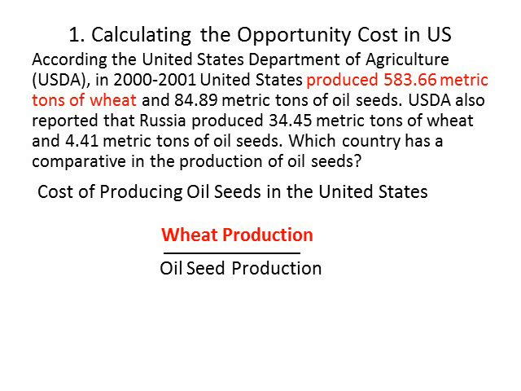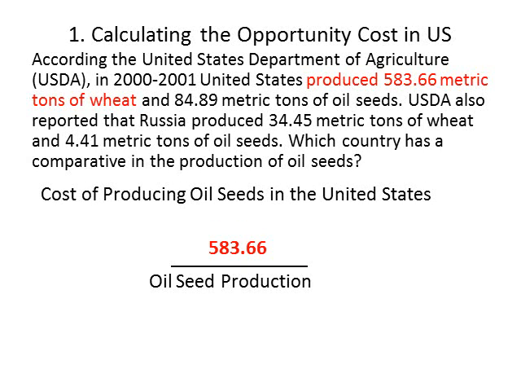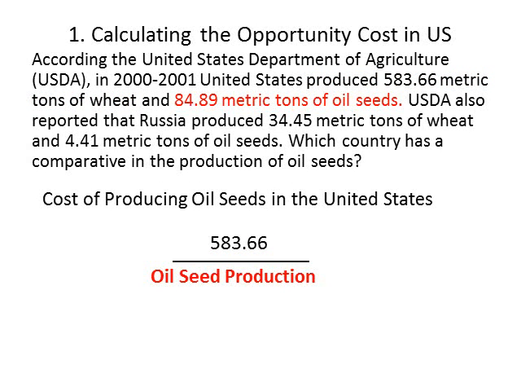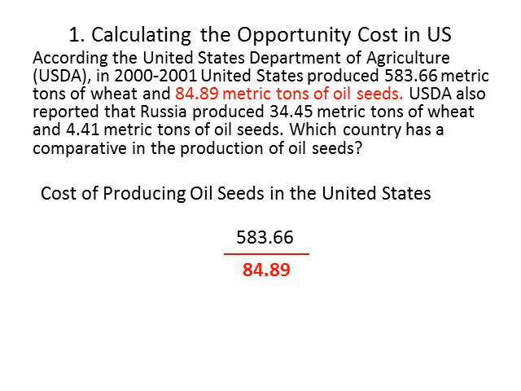The wheat production in the United States was 583.66 metric tons, and so we substitute it into the formula. Next, we find that the United States produced 84.89 metric tons of oilseeds, and so we will substitute in 84.89 into the formula.